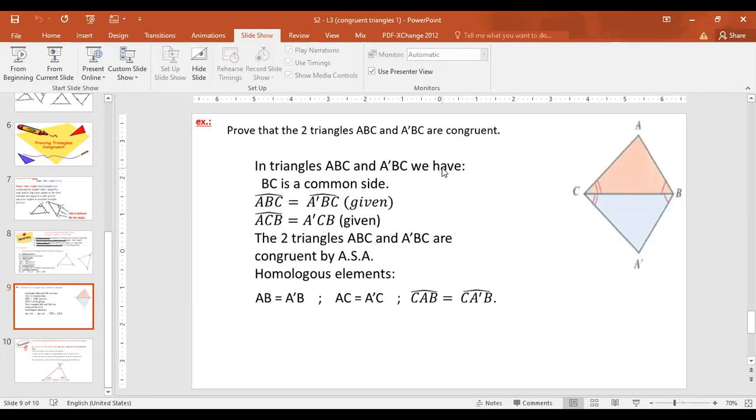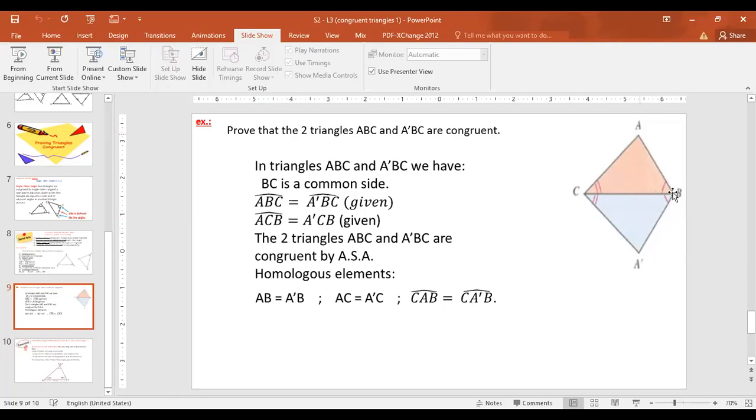First, for what should we look, Hassan, in angle, side, angle? We should look for angles or sides? Sides. Stay with me, Hassan. If I take the first side AB in the first triangle, can you say, Hassan, that AB is equal to A prime B?